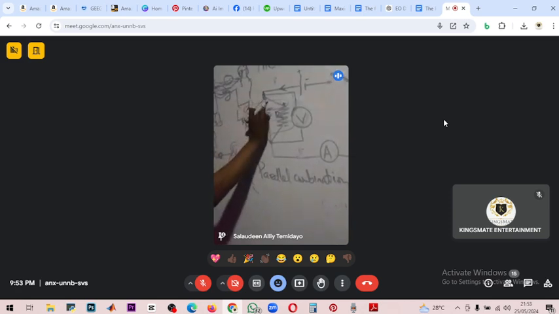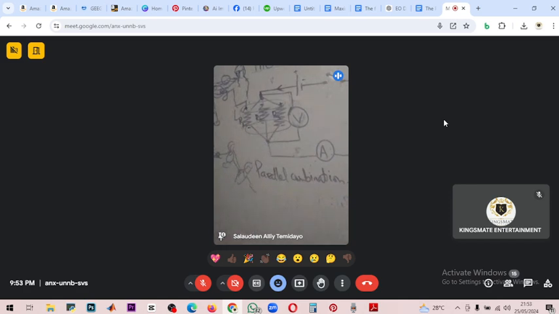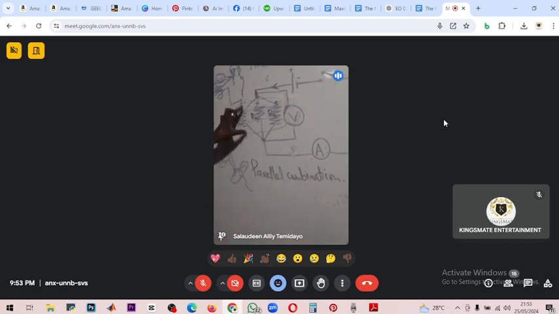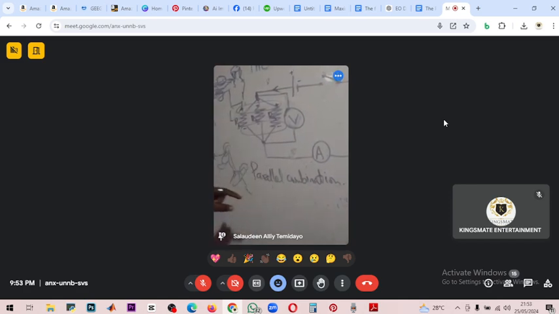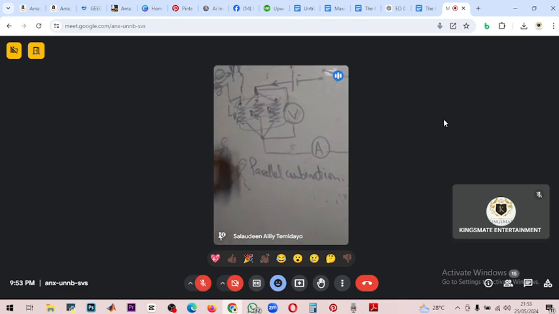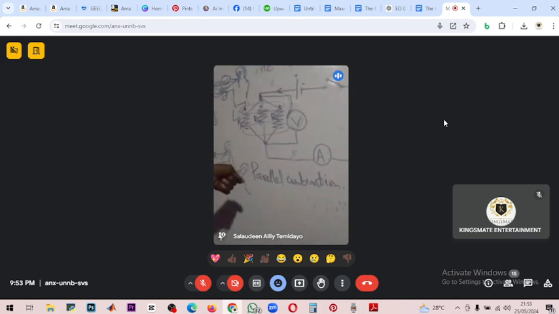Left hand on this person's left shoulder, like that. This connection creates a parallel combination of resistors.